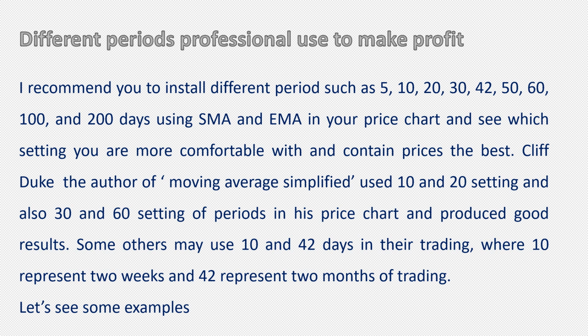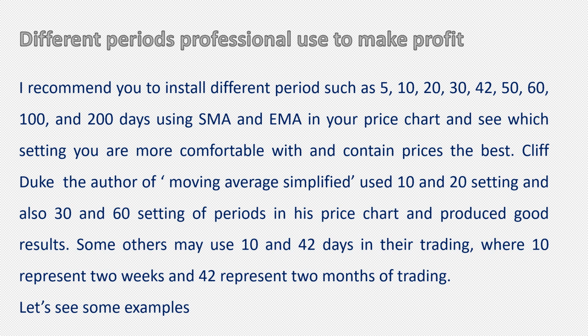Different periods professionals use to make profit. I recommend you install different periods such as 5, 10, 20, 30, 42, 50, 60, 100, and 200 days, using simple moving average and exponential moving average in your price chart, and see which setting you are more comfortable with and contains prices the best.